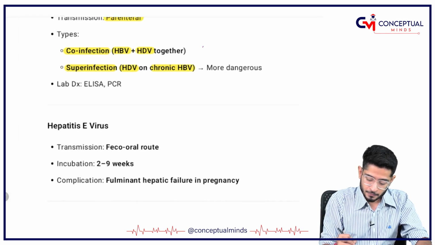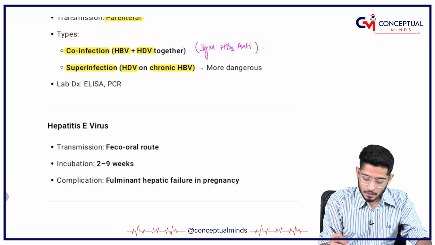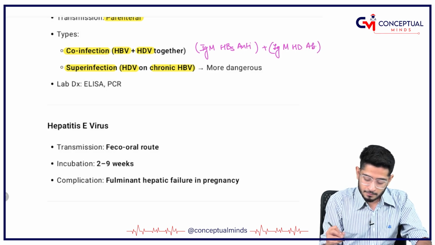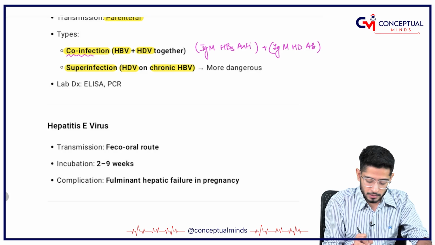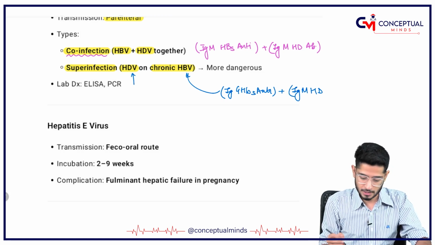So for example, if you have IgM anti-HBc and IgM hepatitis D antibody, then both of them are existing as a co-infection. Whereas if you have HBsAg, that means it was a chronic hepatitis B infection, plus IgM hepatitis D antibody, that means it is a super infection now which has come.